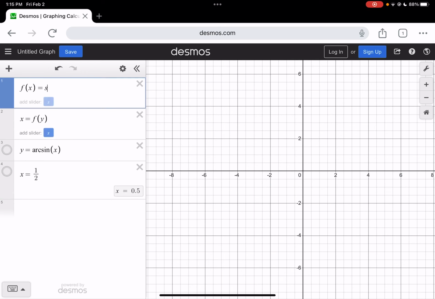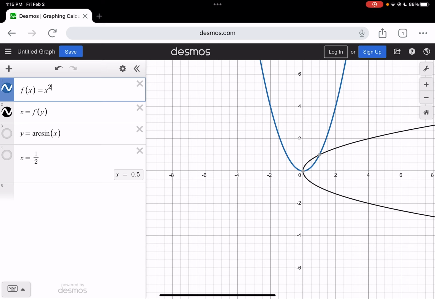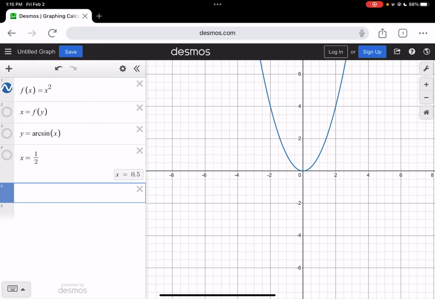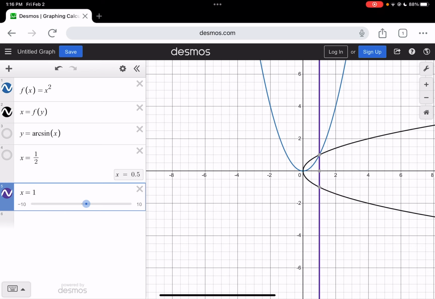And this same kind of thing happens if I do x squared. Because x squared fails the horizontal line test, and a horizontal line is something like y equals 1. There's a horizontal line. If I switch x and y, then this would become the line x equals 1. And when I switch x and y, that's doing this.